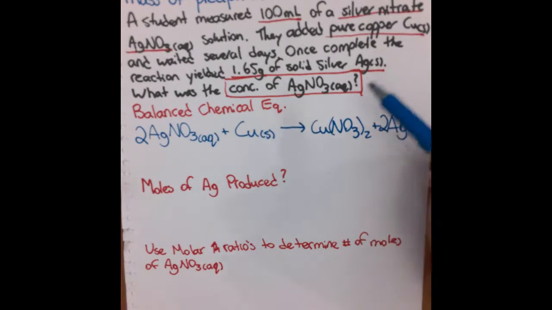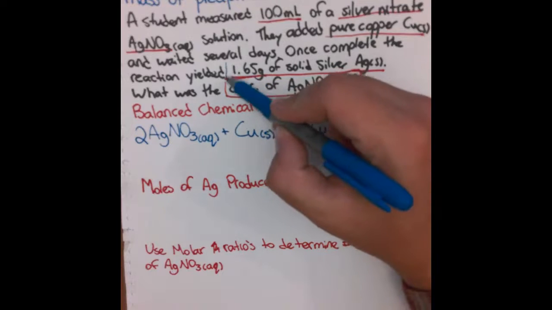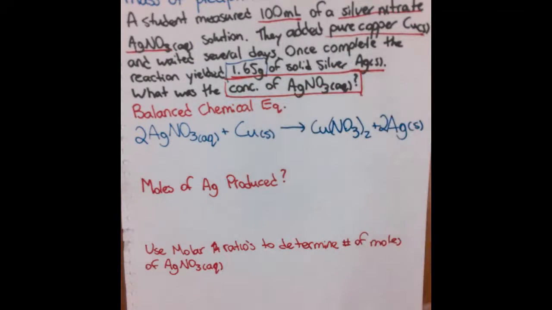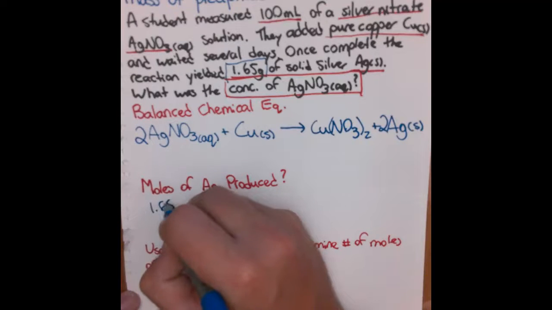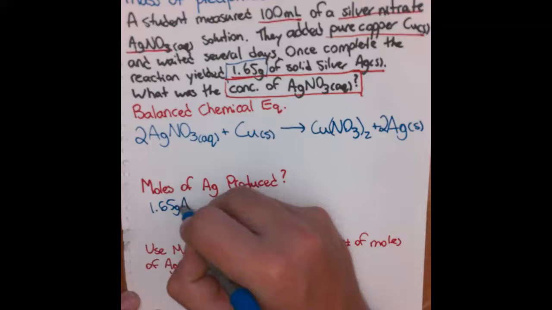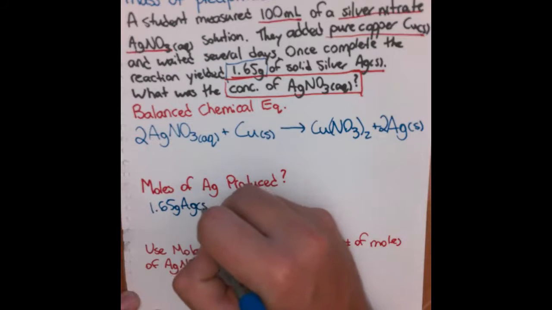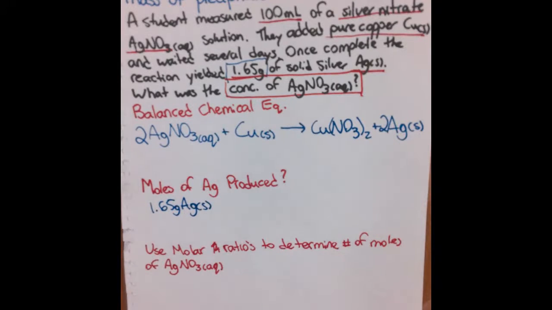Here, we are told that 1.65 grams of solid silver are produced. So we have all the tools required to convert that 1.65 grams of solid silver into a number of moles.